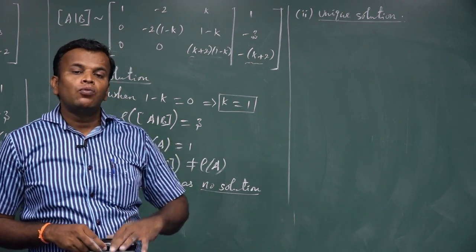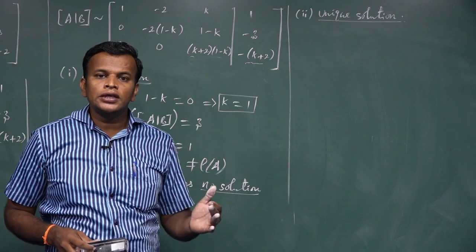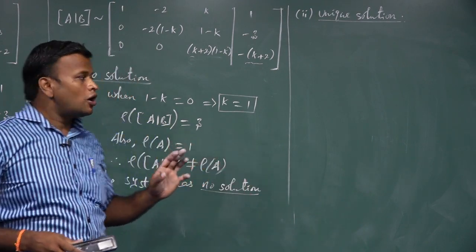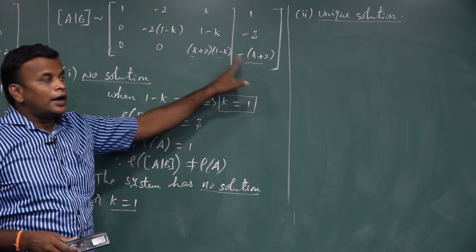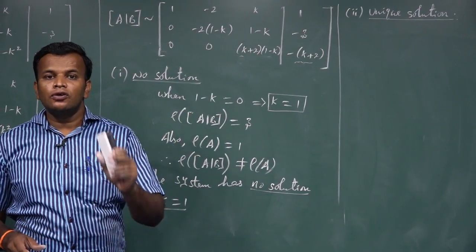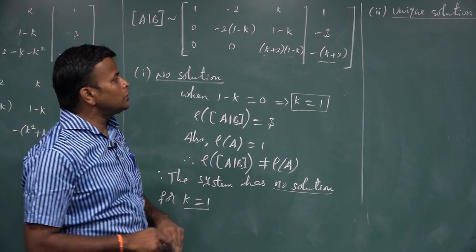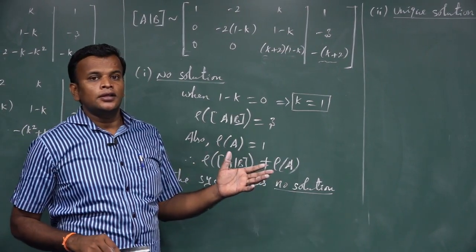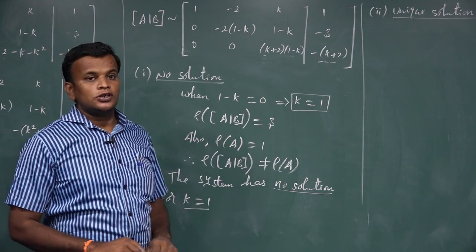That means both the ranks should be 3. That is, rank of A by B and rank of A are both equal to 3, then the system has a unique solution. So we put in which values of k the given system has a unique solution?